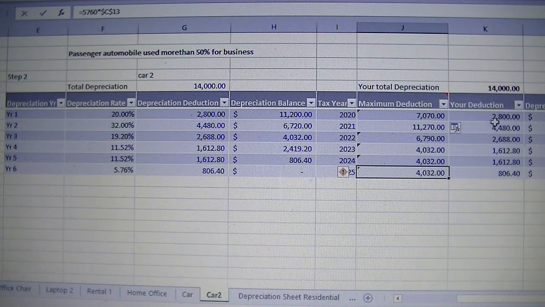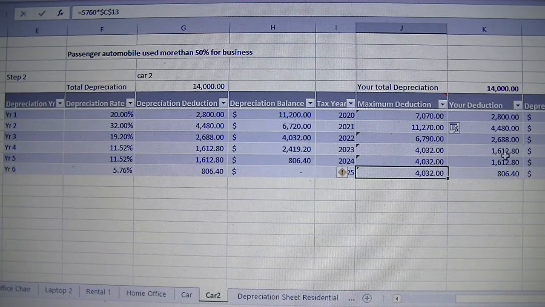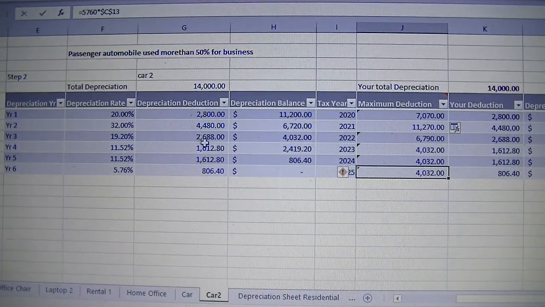So your deduction is the lesser of the depreciation deduction, assuming you are using the car 100%, the depreciation deduction that we first calculated, and the maximum deduction, so whichever is less. So if your car is expensive, the depreciation deduction could be more than the maximum deduction. In that case, the maximum deduction will be your deduction. But in the case that your car's business and investment use basis is 14,000, your depreciation deduction is less than the maximum depreciation deduction.